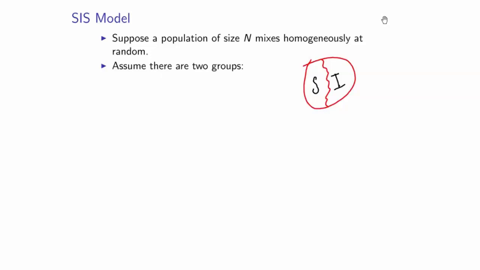Typically they are called susceptible. And I is going to denote the group of individuals that are infected, and we're going to assume that they are both infected and capable of passing the infection immediately. So we assume they are infected and infectious. So we assume we have two groups.